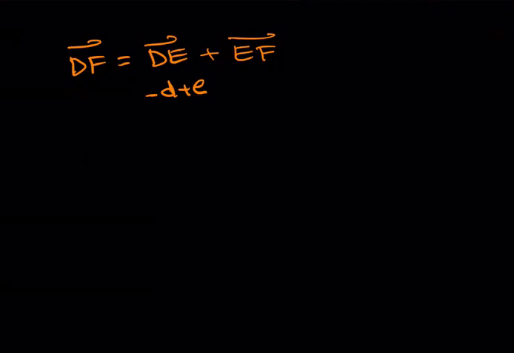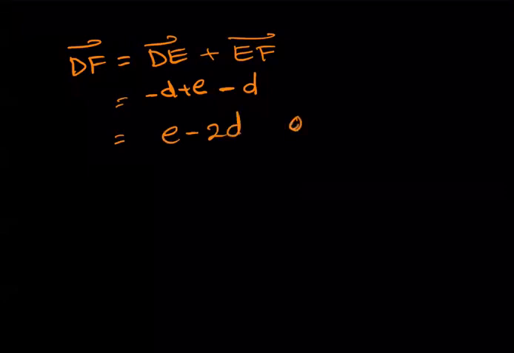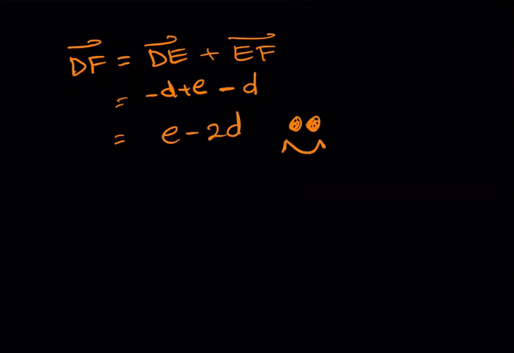The length of OD, which has been given in the question, is D, so it's going to be minus D just because it's the opposite direction. Therefore this is going to be E minus 2D, and that's it. That's finished.